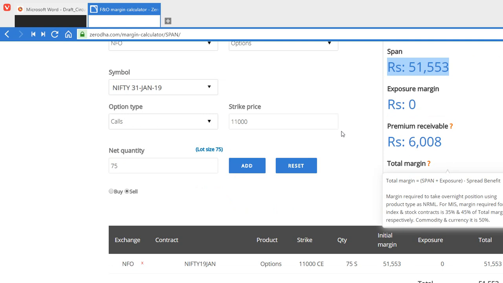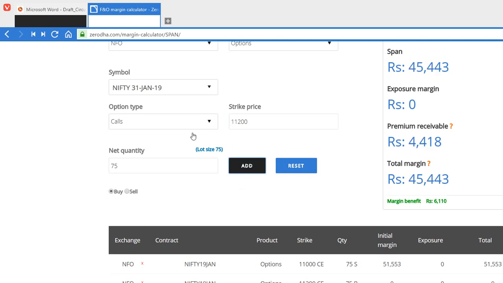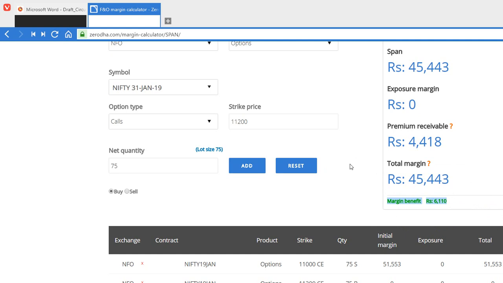But from my understanding, you will still get a spread benefit. Spread benefit is something you get if you buy an option for hedging. For example, here we have sold the 11,000 strike price, and if we decide to buy 11,200 as a hedge, you will get a margin benefit, which is the spread benefit of around 6,000 rupees.